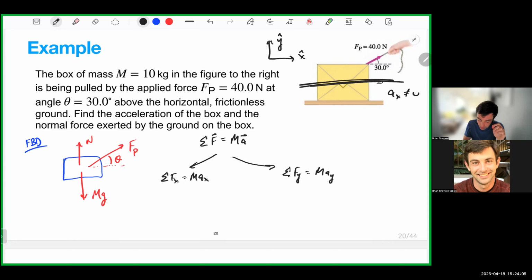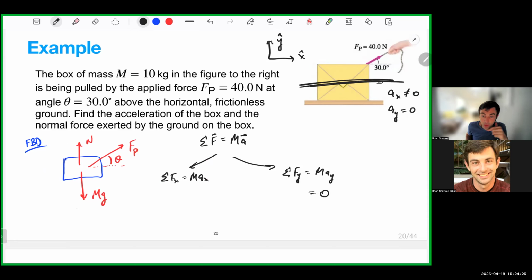We're not going to set ax to 0, and we can't. If we just look at the free body diagram, there's a rightward component of Fp that can't be balanced by any other force. There's no leftward force. So there's definitely a non-zero ax. But because the box doesn't lift off the ground, we do know ay is equal to 0.